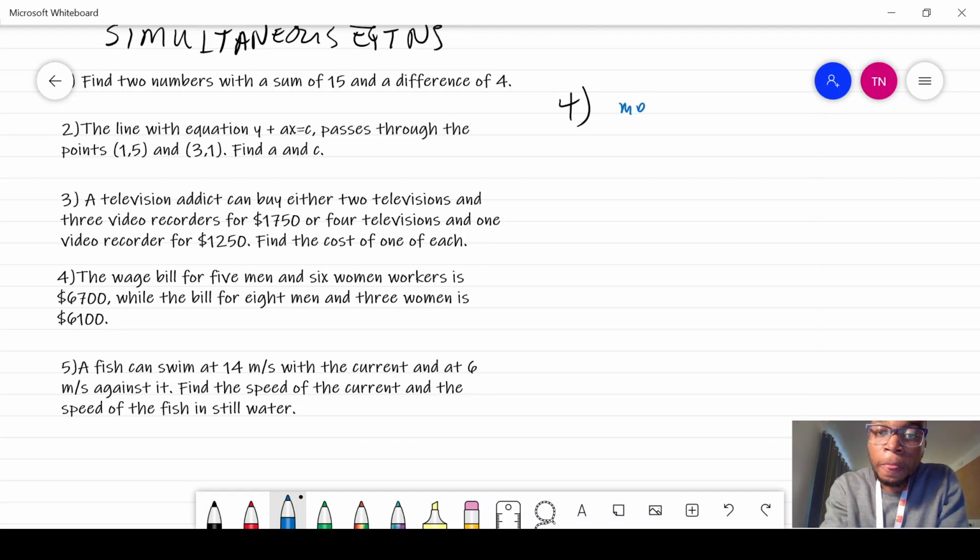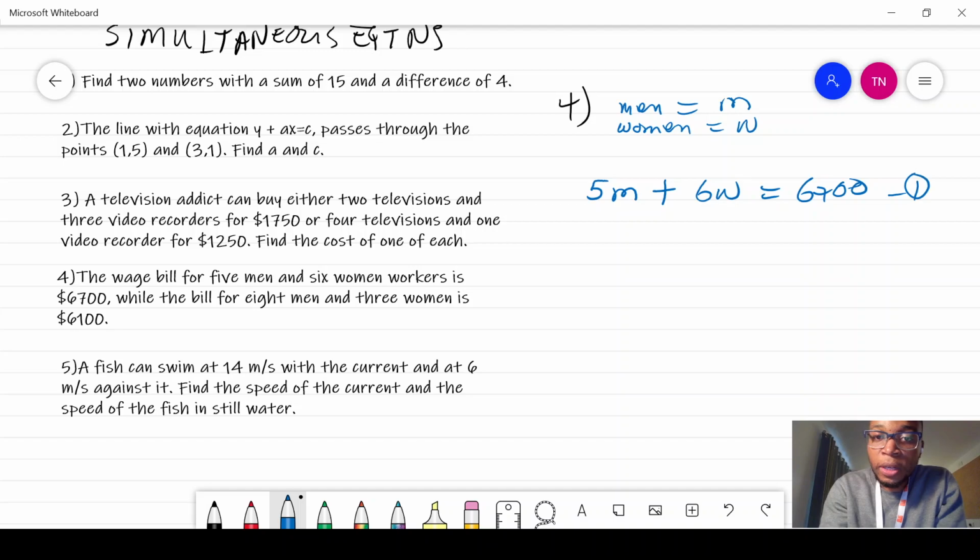For men, you're just going to give them M as a variable to represent the number of men. And for women, the variable we're going to use is W. So now we are told that it's 5 men, so that is going to be 5M plus 6 women, 6W. Their wage bill is 6,700. That is going to be equation number 1.